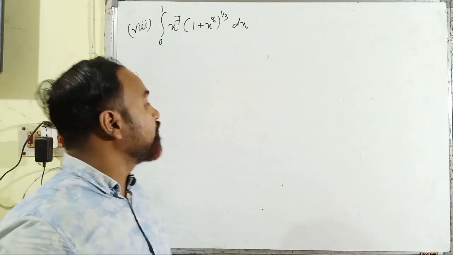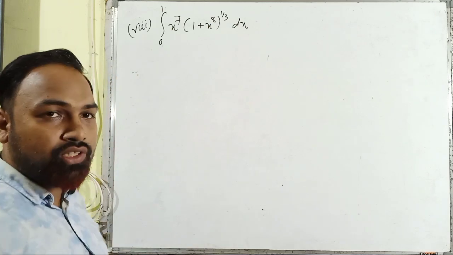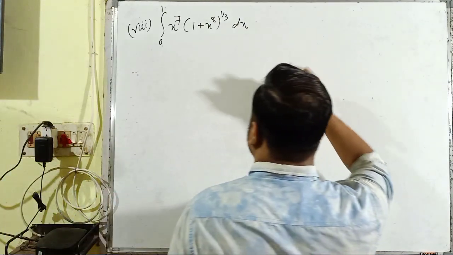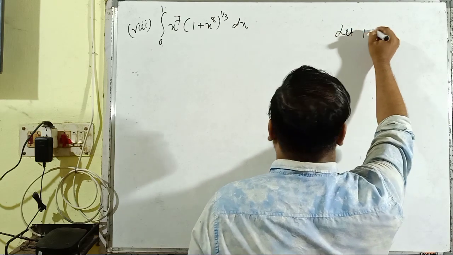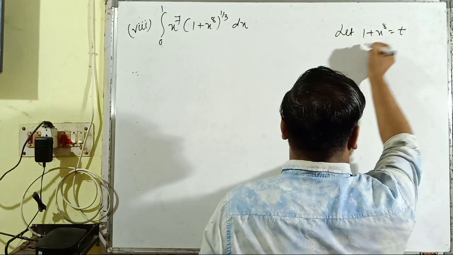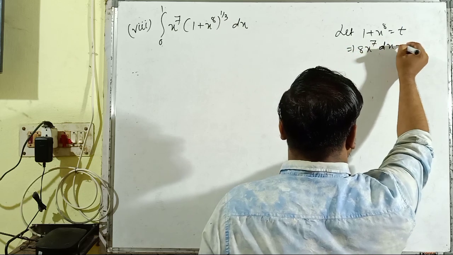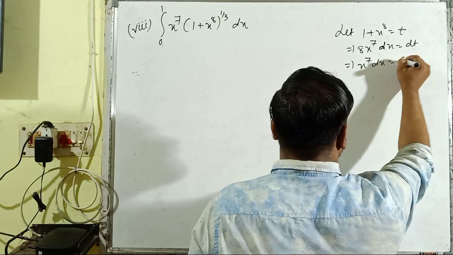Here it is the 8th problem, or 8th part of number 1, and we have to solve this again by using the substitution method. So first of all let us substitute this. Let 1 plus x to the power 8 be t, then 8x to the power 7 dx is dt, that means x to the power 7 dx is dt by 8.